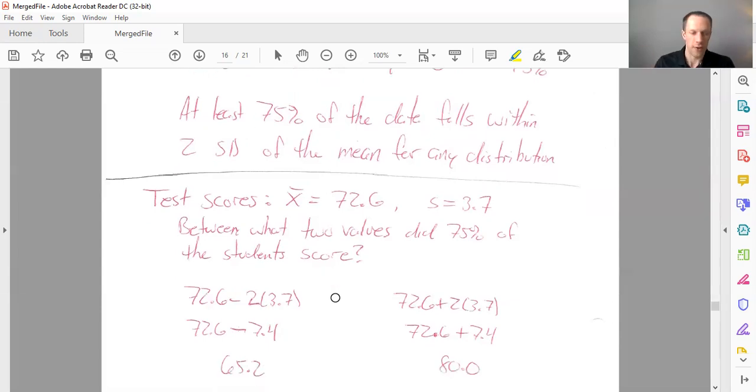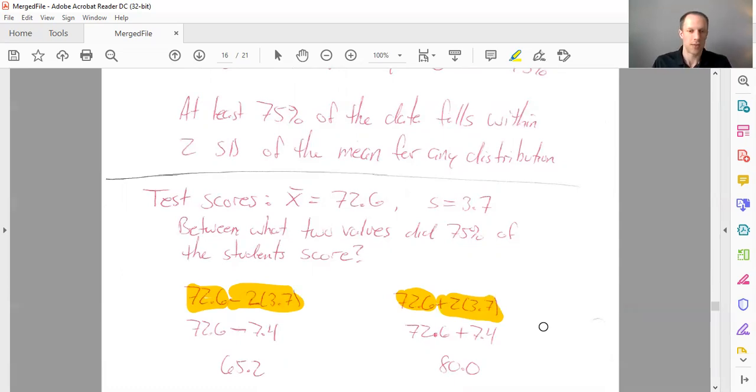Well, we just found out that 75% of the students will be within 2 standard deviations of the mean. So here's the mean, 72.6. Go 2 steps below the mean, so that's minus 2 times the standard deviation, you get 65.2. And then 72.6 plus 2 standard deviations above the mean would be 80.0.